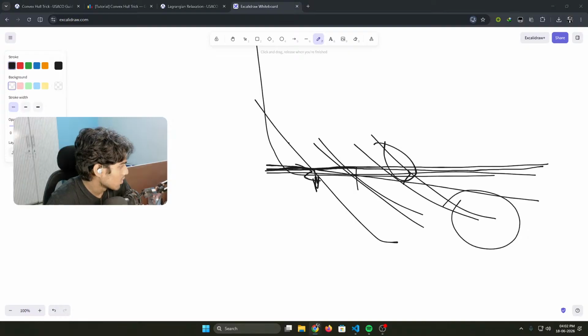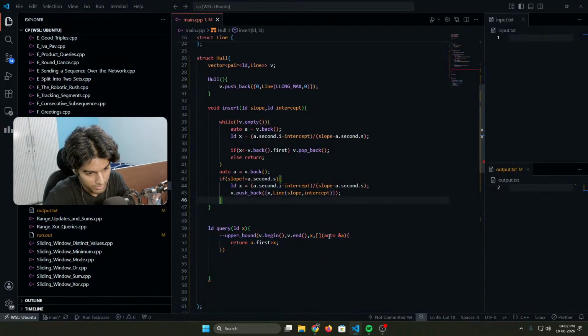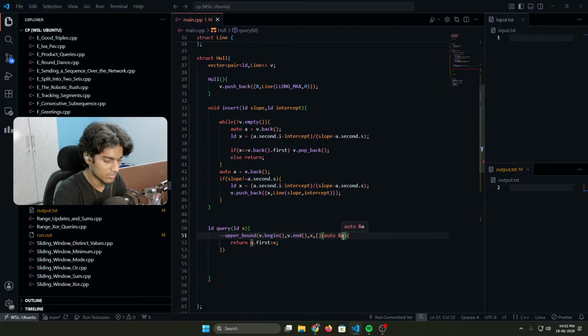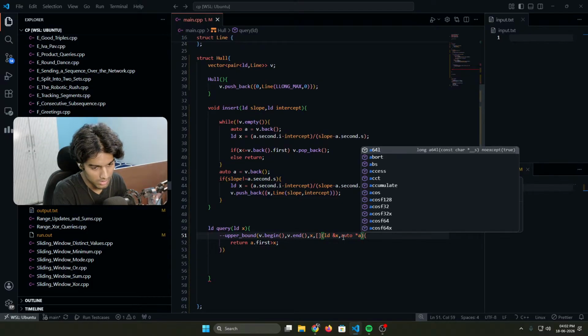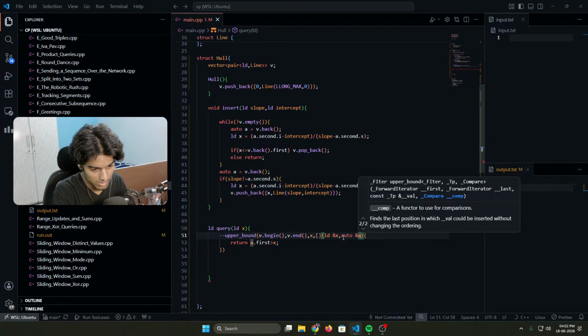Okay, so we can take these values. So we can take X inside, and then we are going to have a pair. So we are going to have this X here, and then we will have... right.